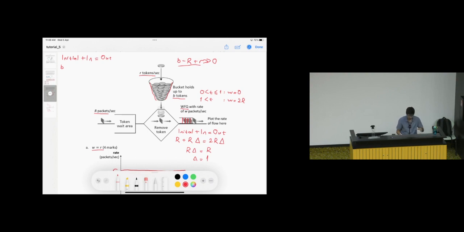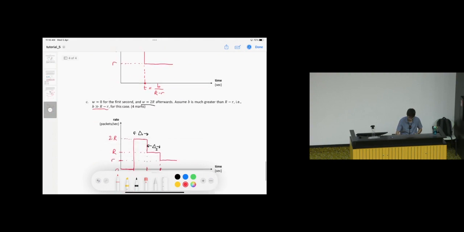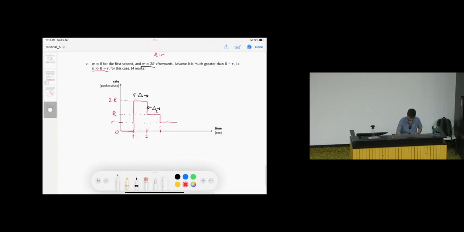For the initial, I have B. Let's think about the in. For the first second, I have small r tokens arrived. For the second, I have another small r tokens arrived. And after second 2, I also have small r tokens arriving.